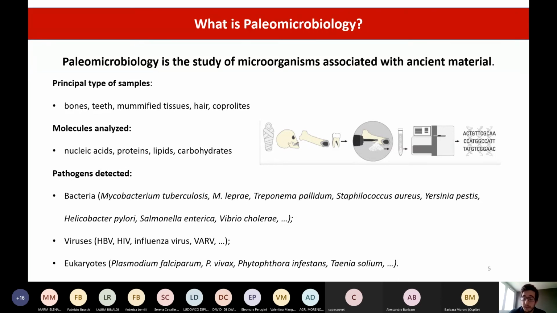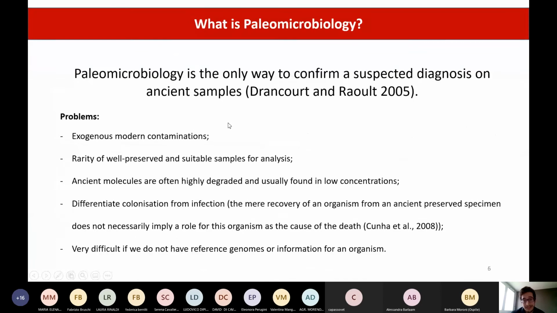These remains can be of many different types, and for humans, for example, we have bones, teeth, mummified tissues, but also paleofeces and others. And up to now, paleomicrobiology is the only way to confirm a suspected diagnosis on ancient samples.